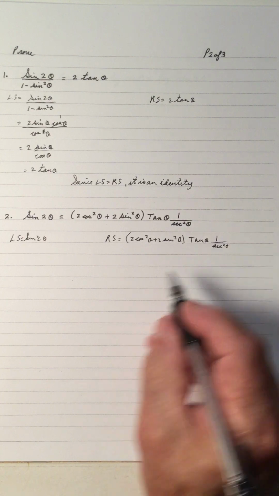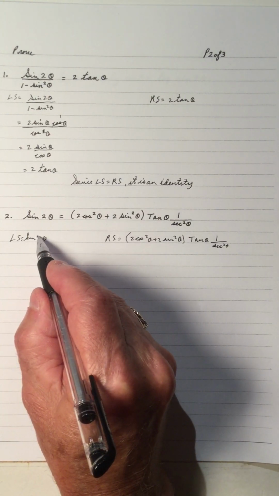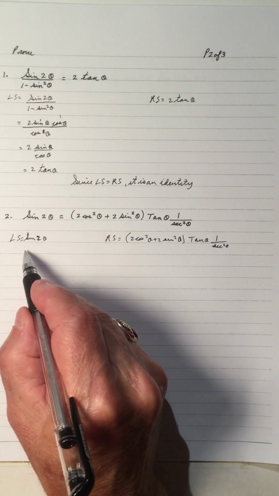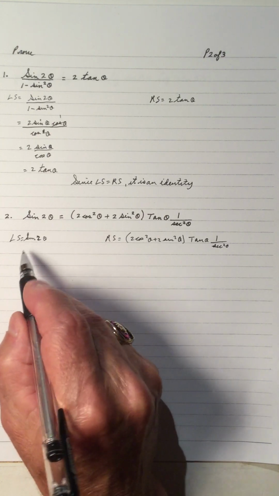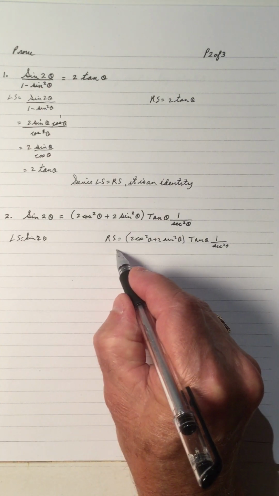This is the easier one, so sine 2 theta is the same as 2 sine theta cos theta, so that's easy, but this is the one we have to work out.